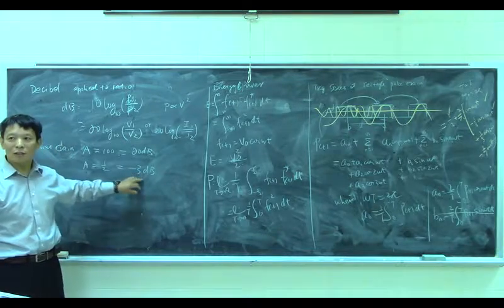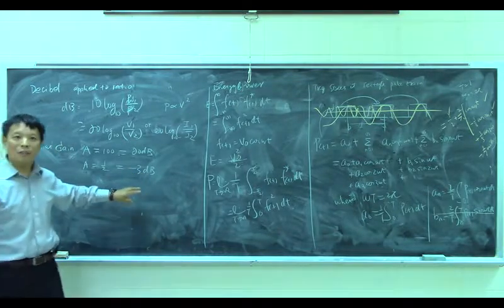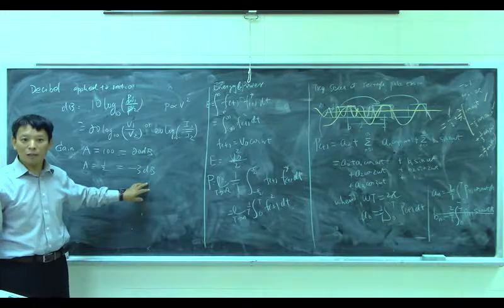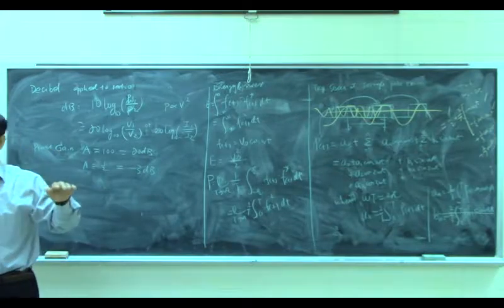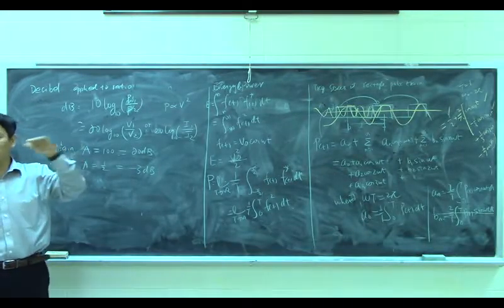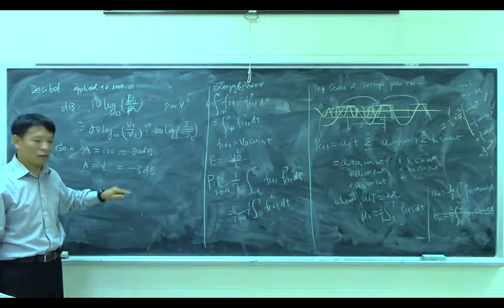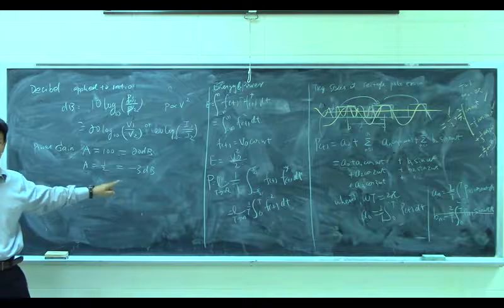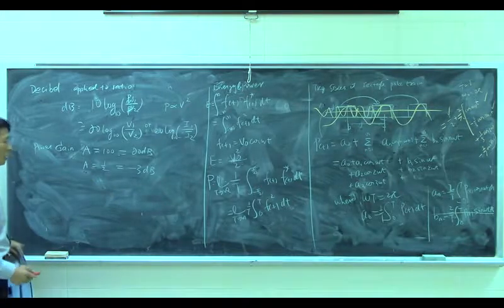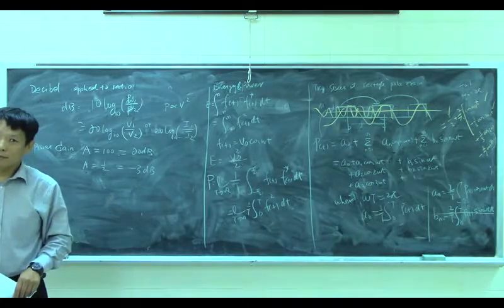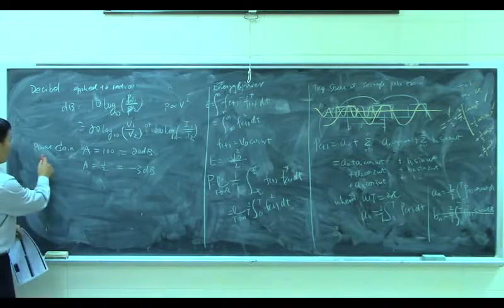We discussed in circuit analysis the 3 dB bandwidth. That means the bandwidth where the amplitude is reduced from 1 to half in terms of power. That is the definition for 3 dB bandwidth. Alright? Any question on that?